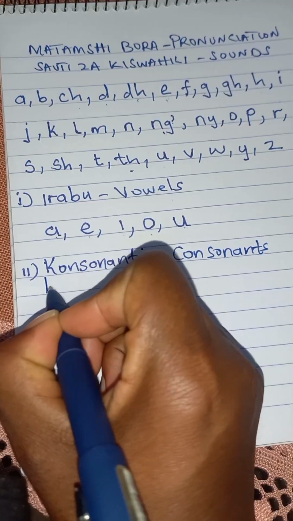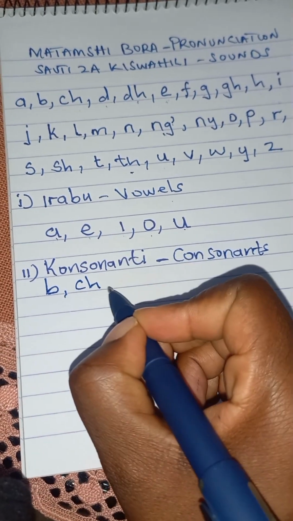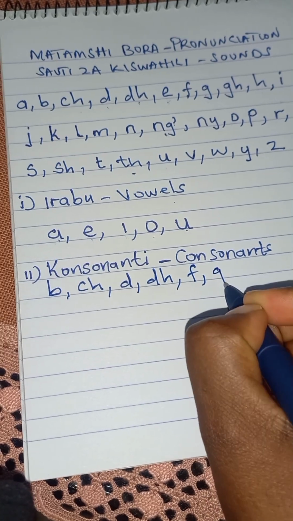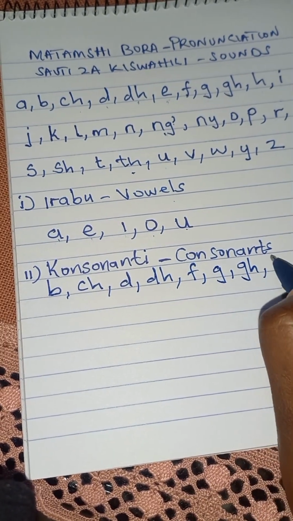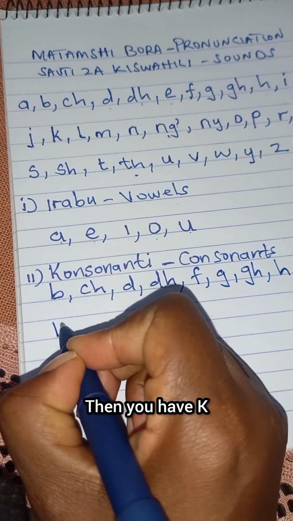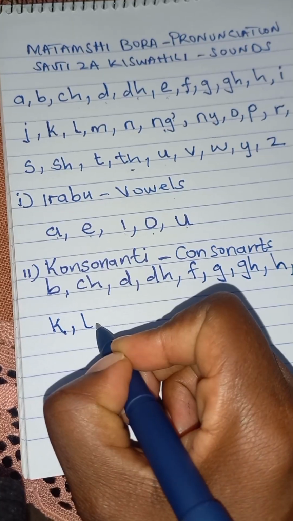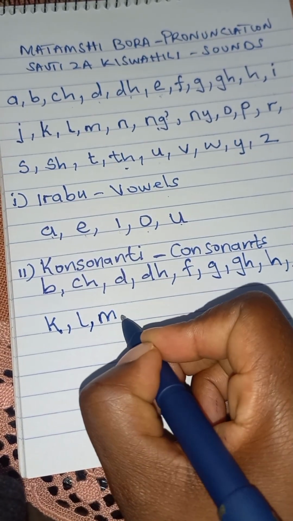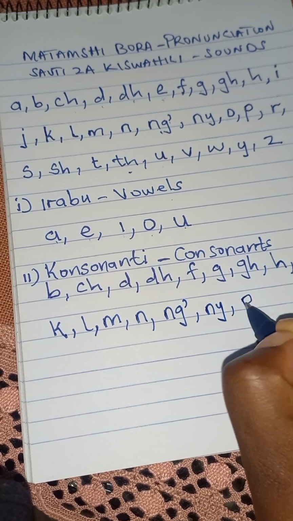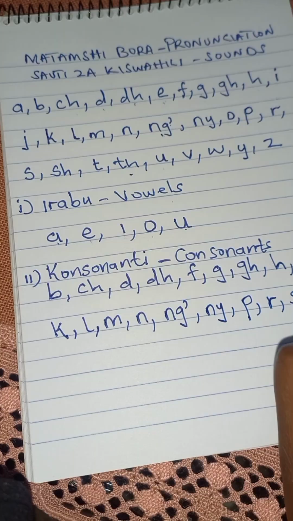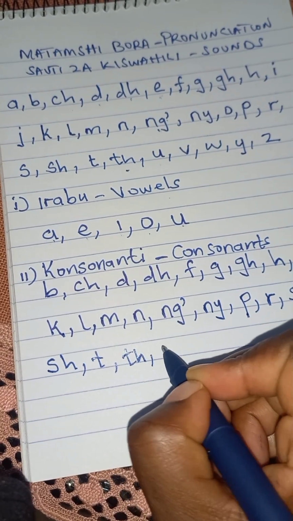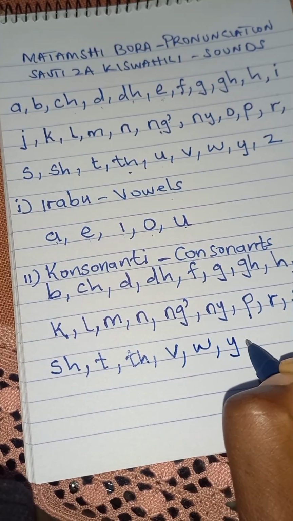So that is b, ch, d, th, f, g, ga, ha, j, k, l, m, n, ng, n, p, r, s, sh, t, th, v, w, y, z.